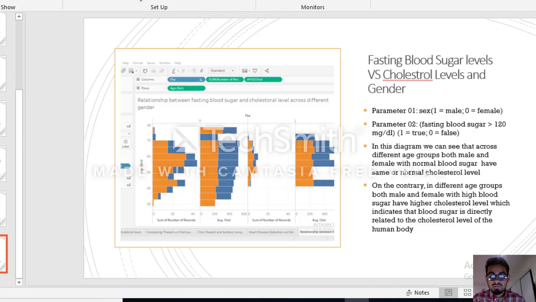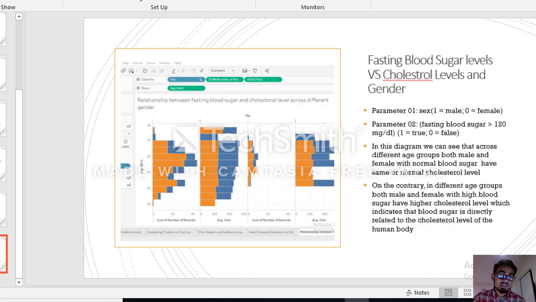And the people across different age groups, male and female, who have unusual fasting blood sugar, which also means that the people who have fasting blood sugar problems are directly affecting their cholesterol level as well, because the fasting blood sugar is directly causing the increase of the cholesterol level.